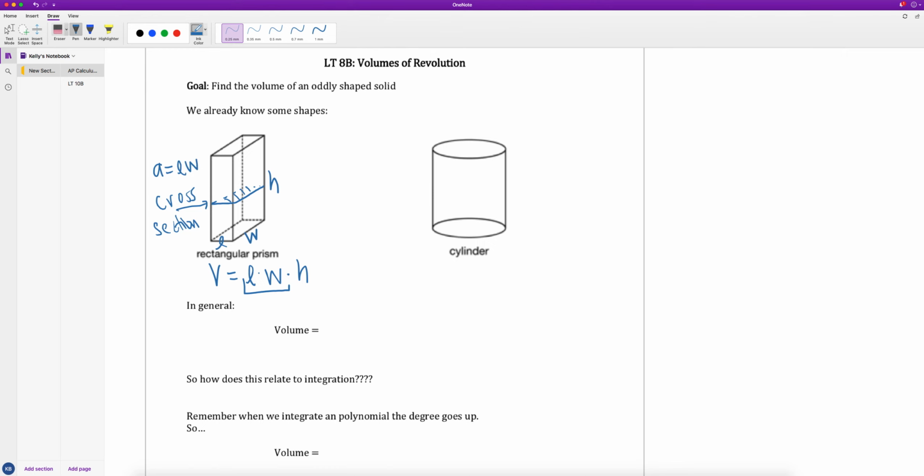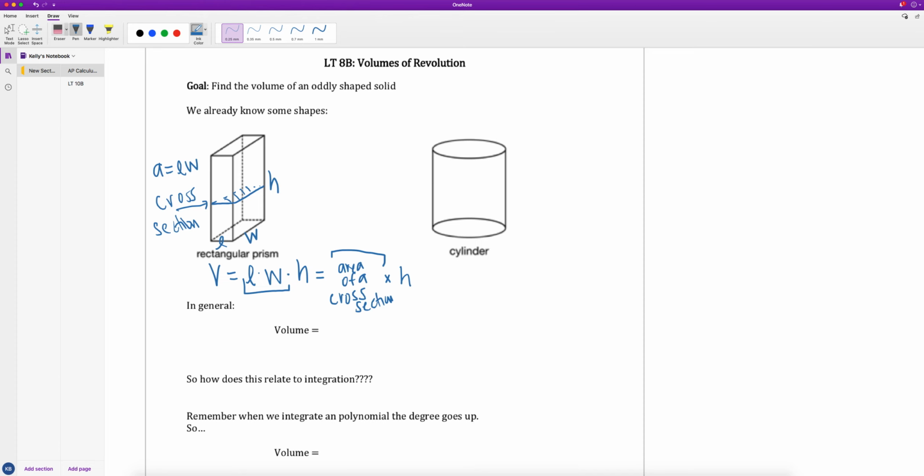So alternatively, another way to think about volume, instead of length times width times height, is the area of a cross-section times the height. And this concept of finding the area of a cross-section is going to be important as we continue on through the rest of this section.